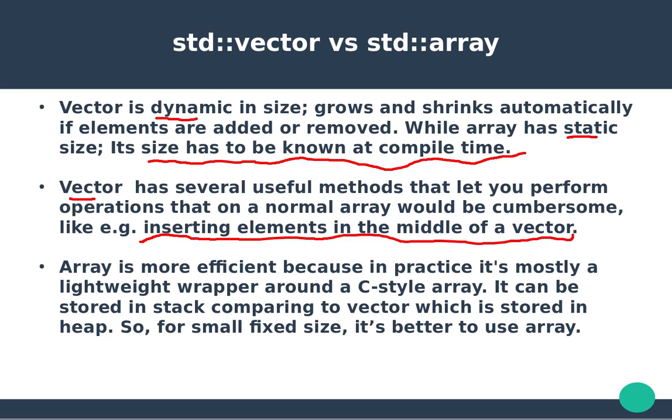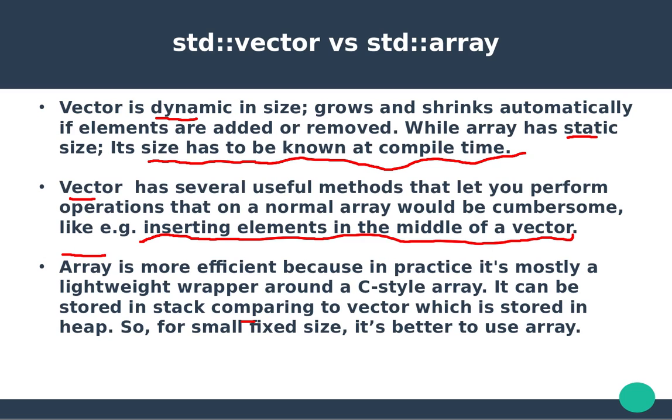Array is more efficient, so std::array is more efficient. This is because it's like a wrapper around a C-style array. It can be stored in the stack compared to vector, which is stored in the heap.